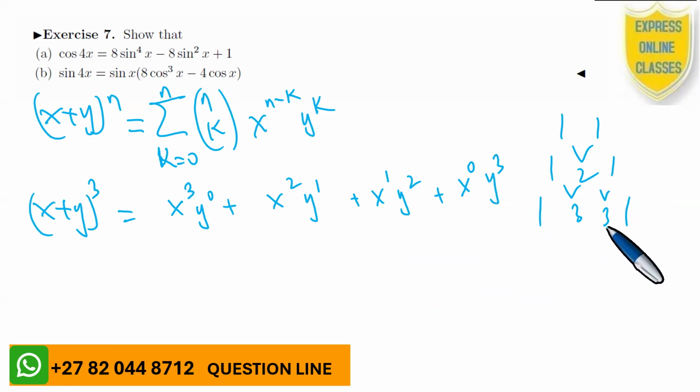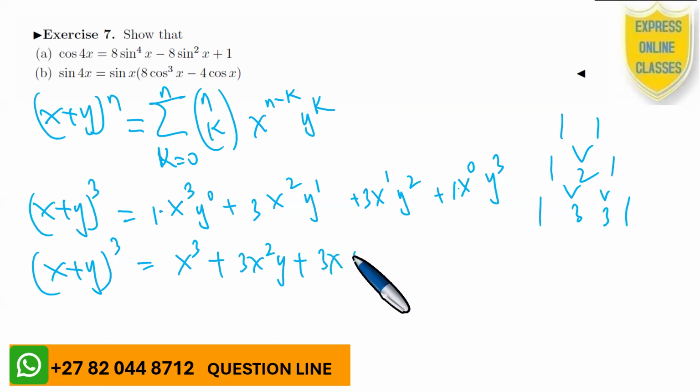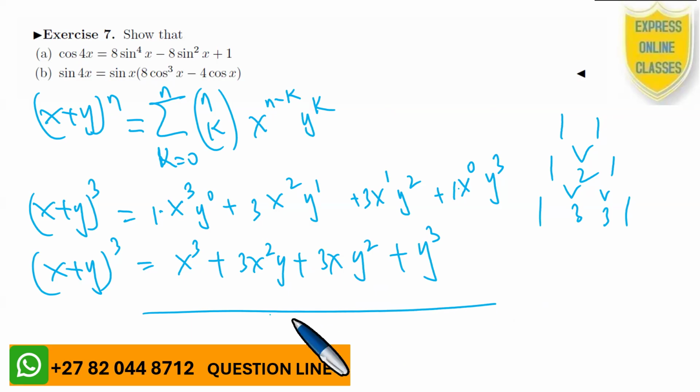Then you take the coefficients 1, 3, 3, 1, which means x plus y cubed is x cubed, then 3x squared y, 3xy squared, y cubed. So this is the binomial theorem.